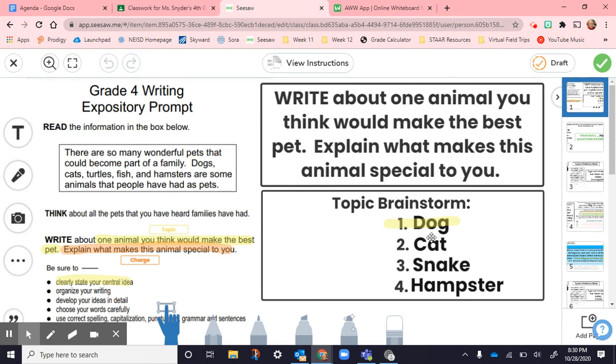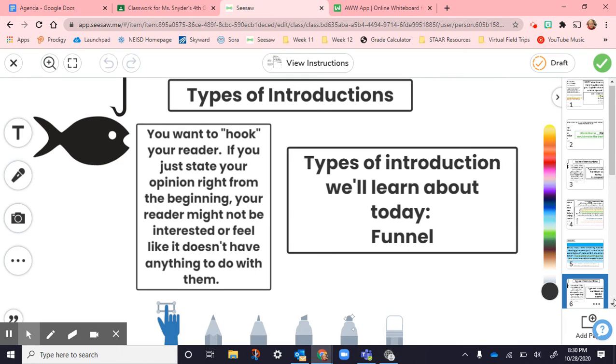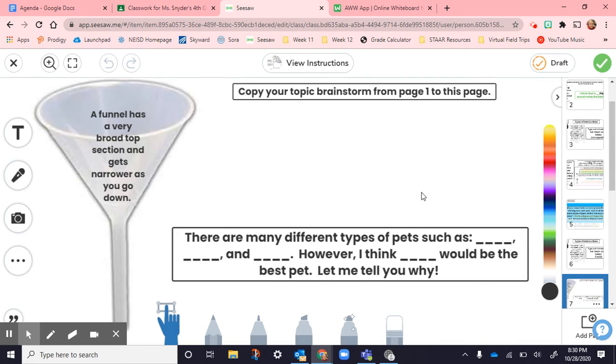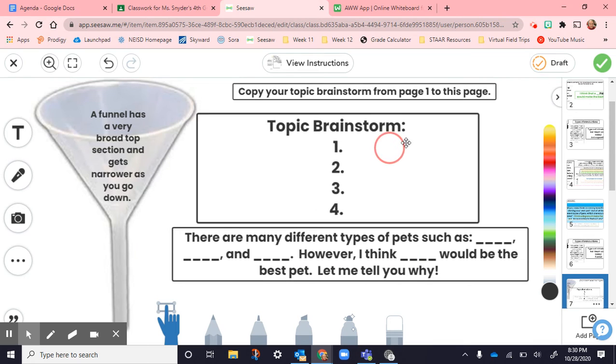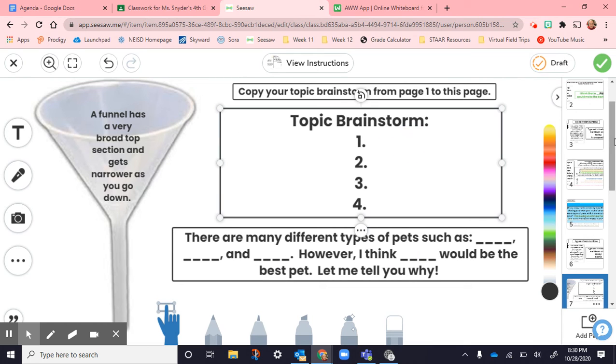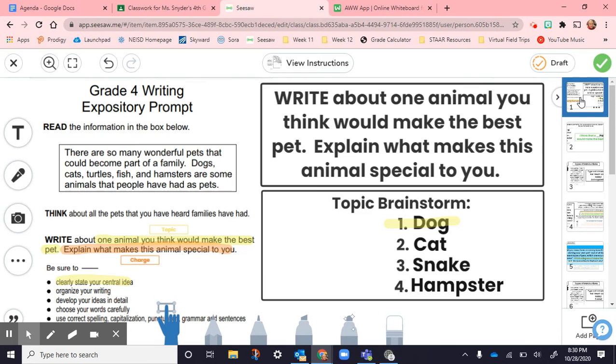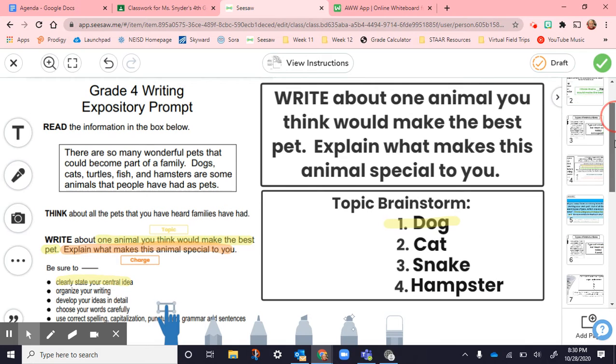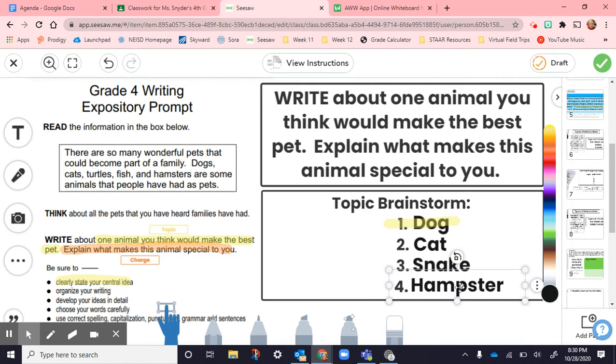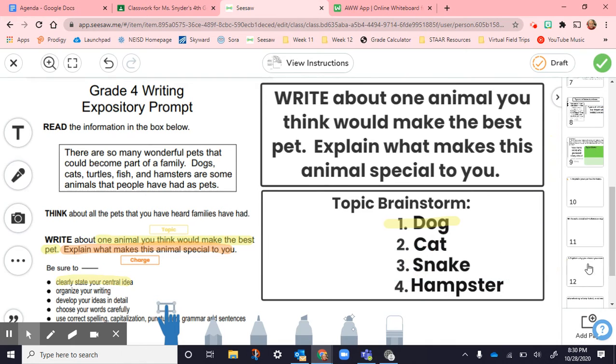So if you go here, this whole box, we copied this and we put it here on page 7. And so what did I have? I had dog, cat, snake, hamster. Oh, I did each one of those. All right, dog, cat, snake, hamster.